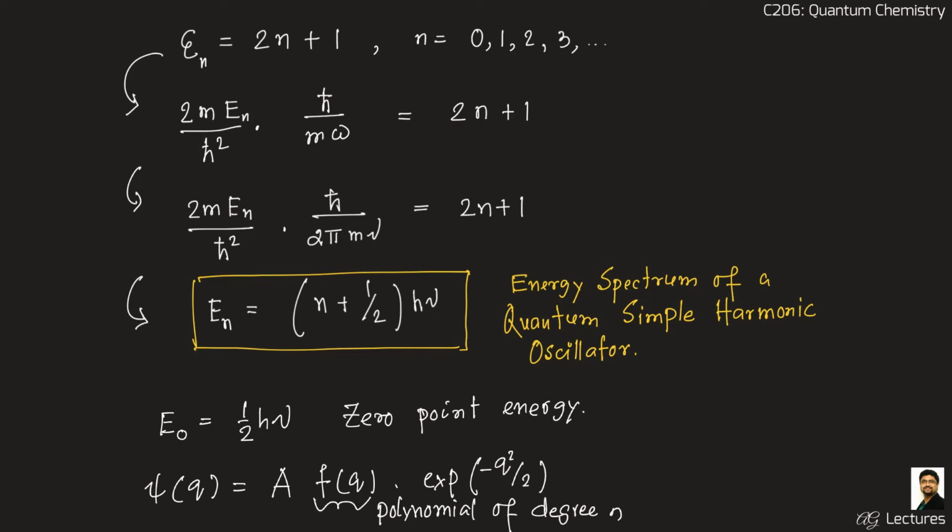So the general form of the eigenfunctions is going to be something like this.